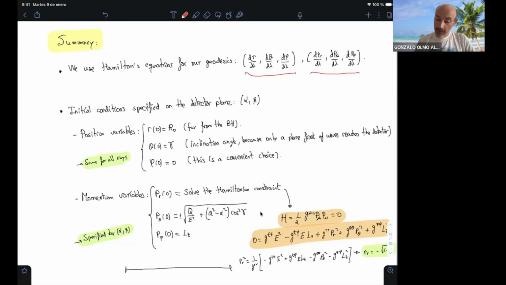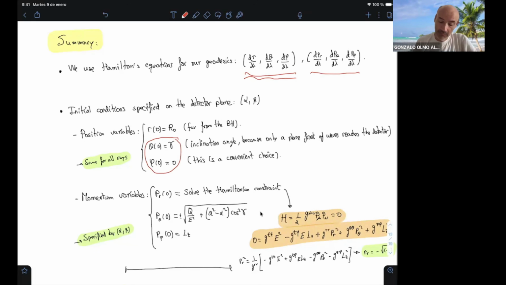So for these position variables, what do we need? Well, since the detector is very far away in a given direction, the direction is fixed for all the photons. The photons are moving in that direction, okay? Basically, because from the black hole to the detector, there is no angular size, okay? So this is why they are all going in the same direction.